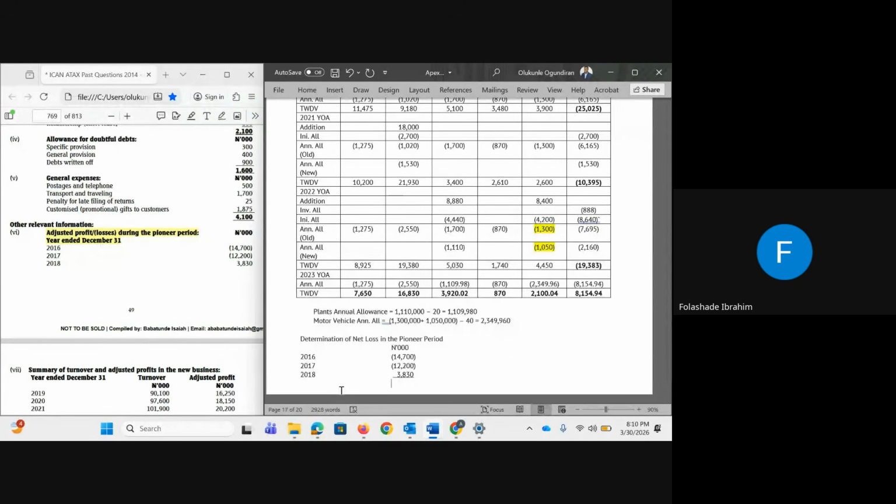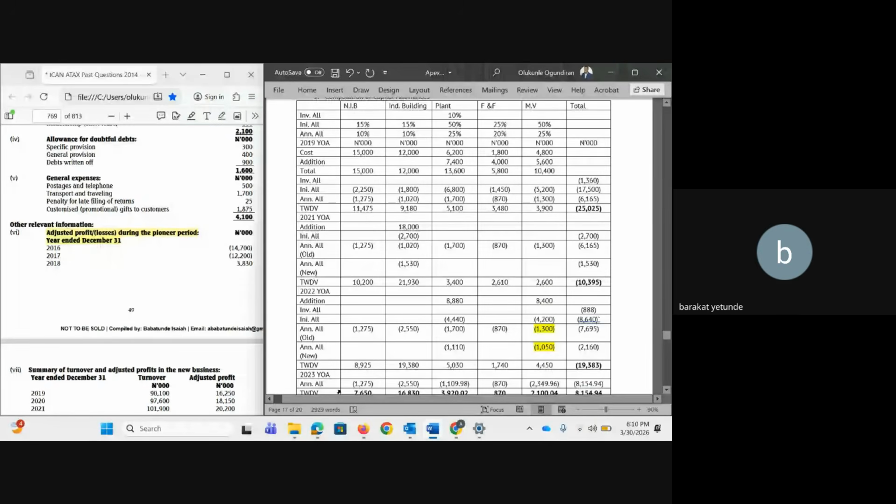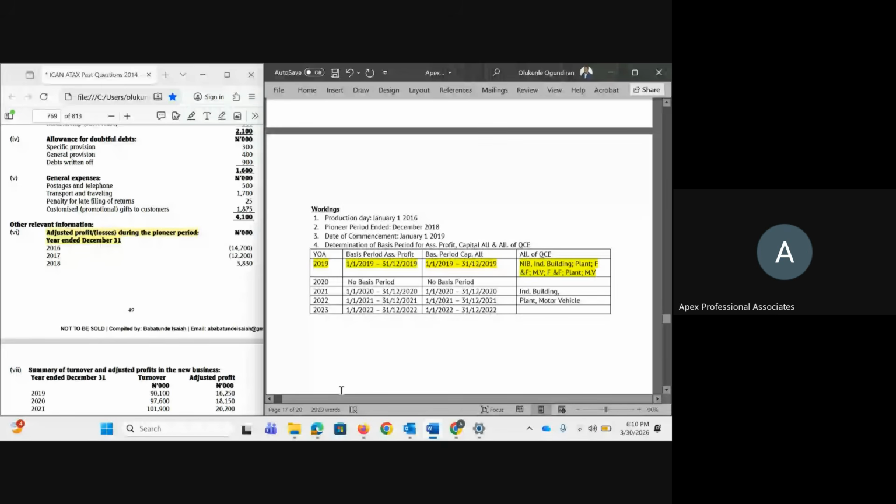That's profit now, so you deduct it. So it's the net loss in the pioneer period that you take forward. 23,070. So that's the net loss, Abby, after deducting the profit. So now let's move on.